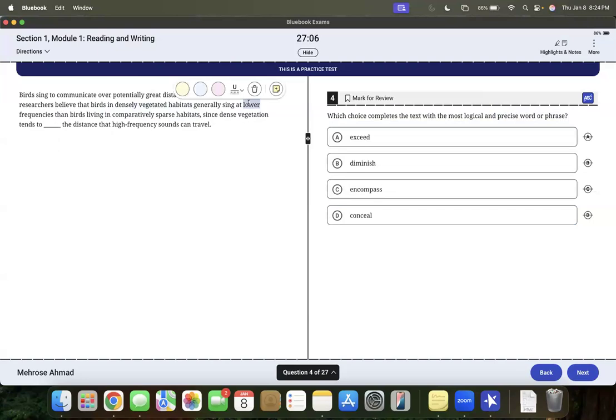That means it's advantageous for them to sing at that frequency so other birds can hear them. That would mean dense vegetation does something bad for high frequency sounds, because that's why they sing at lower frequencies. What makes the most sense here?